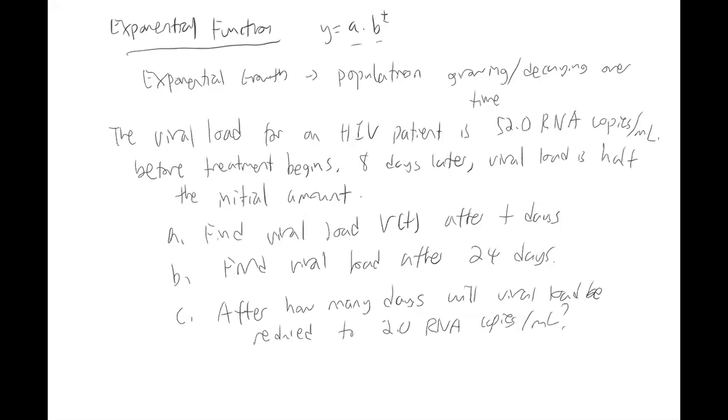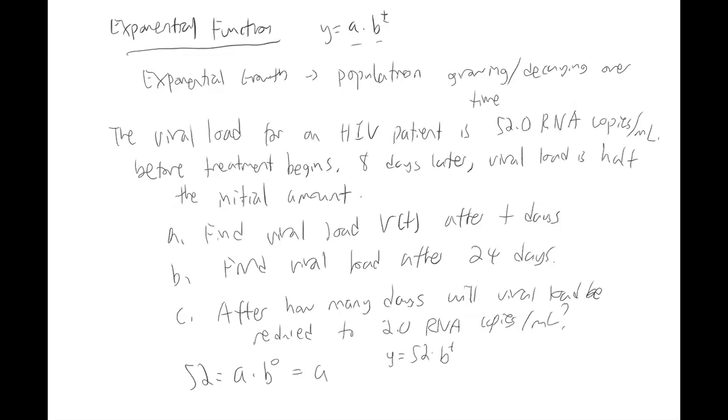Great. So at time 0 Y is 52. So 52 equals A times B to the 0. Well, B to the 0 is 1, any number to the 0th power is 1. So this is just A. So A is 52. So we found the first one.